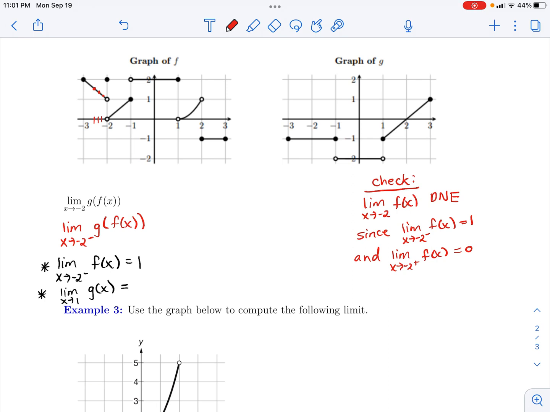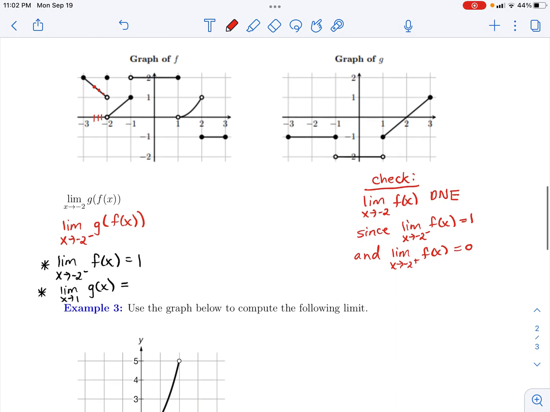Well, hopefully you guys are like, yes, I do see how you're approaching that open circle from above. So if you're approaching from above, that means that you're approaching technically from the right. Okay, so I'm going to say that this is coming from above.